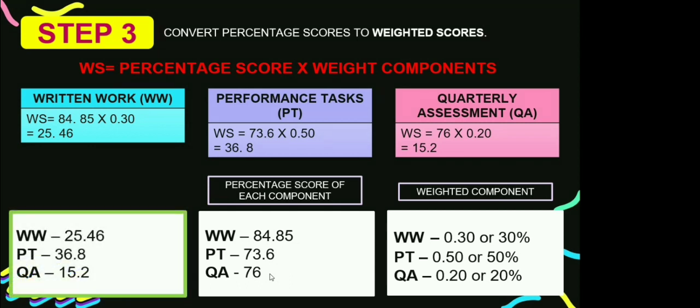So that is the process on how we can convert percentage score into weighted score. Let us summarize the result. The weighted score for the written work is 25.46. In performance task, she has 36.8, and for the quarterly assessment, she gets 15.2 weighted score.